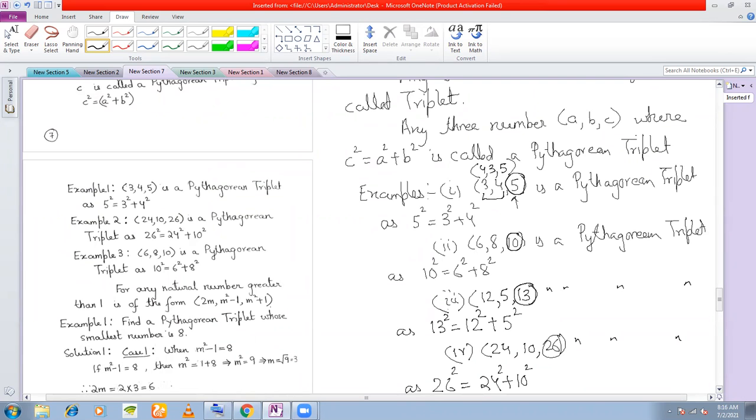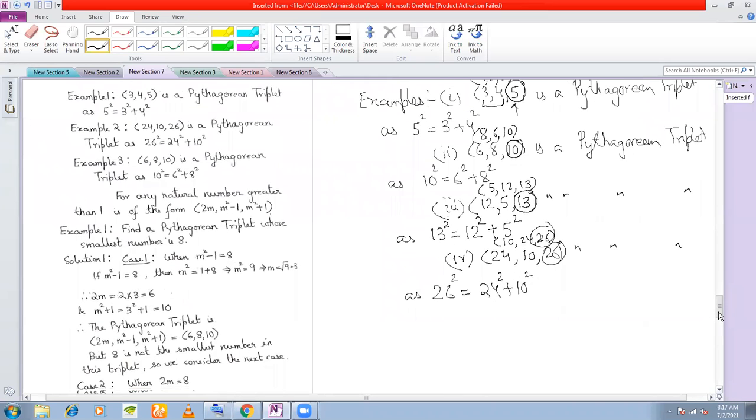But 5 must appear at the end. 6, 8 and 10 you can write as 8, 6 and 10. But 10 must appear at the end always. 12, 5 and 13 can be written as 5, 12 and 13. Similarly, this can be written as 10, 24 and 26. No problem. But remember 26, the highest number, has to be written at the end. Okay. This is the way of writing Pythagorean triplets.